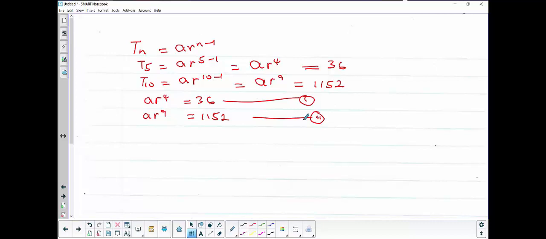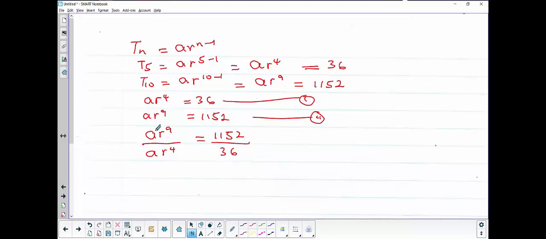Let us divide equation 2 by equation 1. That is A r raised to power 9 divided by A r raised to power 4 equal to 1152 divided by 36.